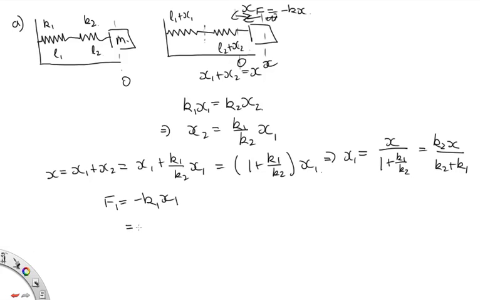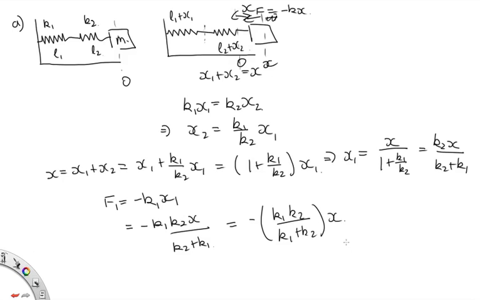So this will be equal to minus K1 times x1, which is K2x over K2 plus K1. And so the force will be minus K1K2 over K1 plus K2 times x. Okay, so this here is our effective spring constant for this system.